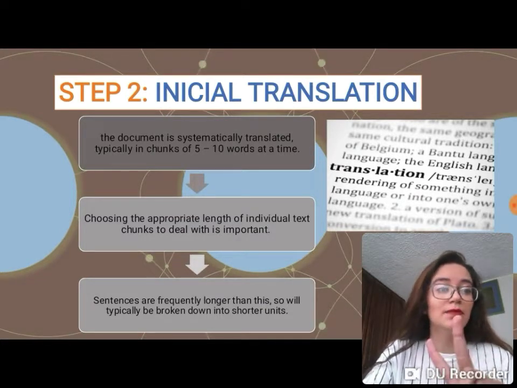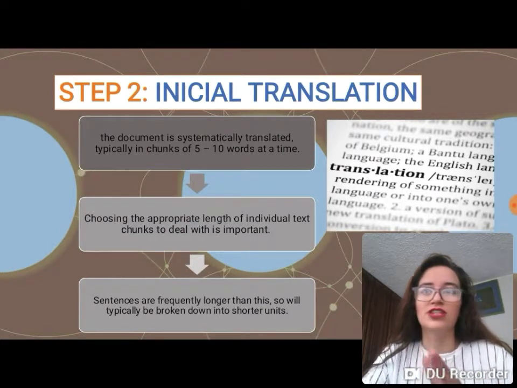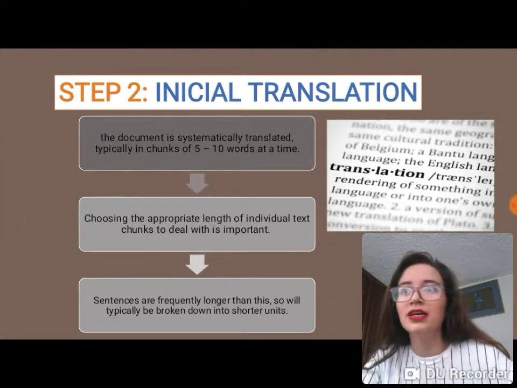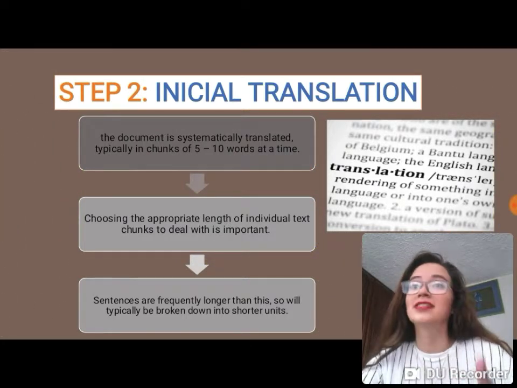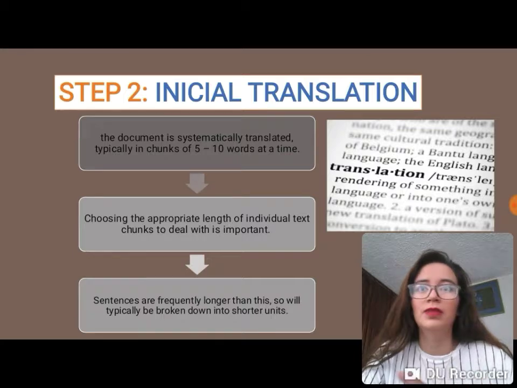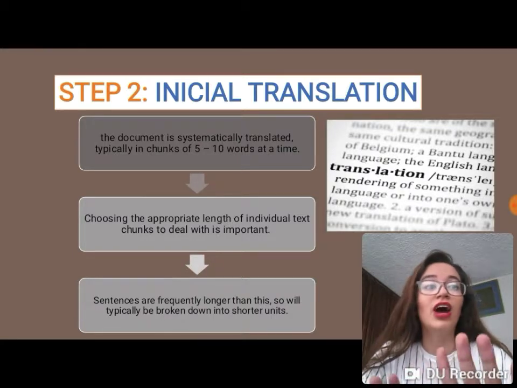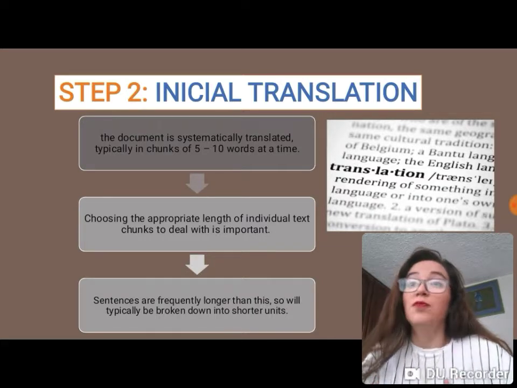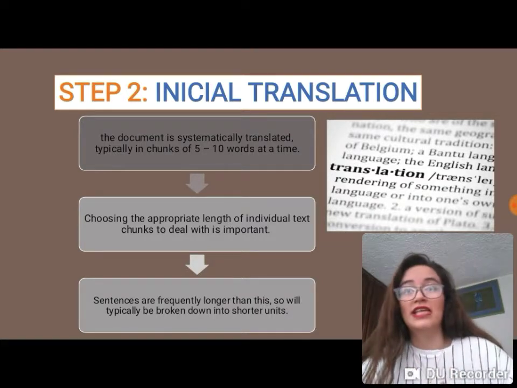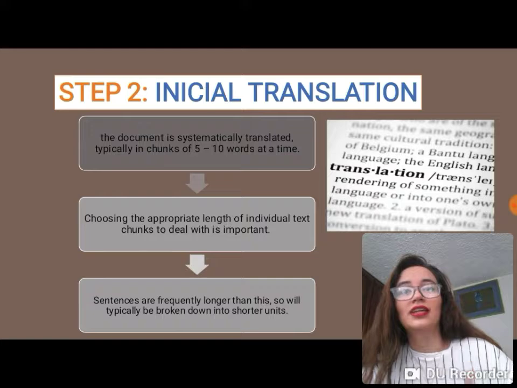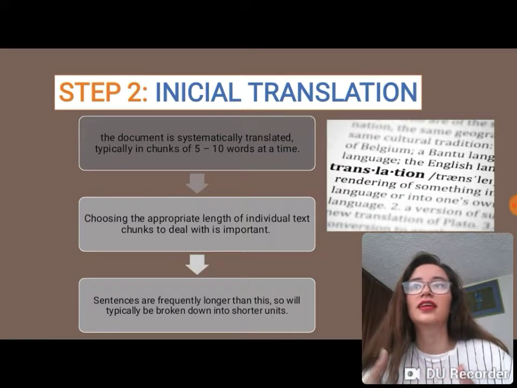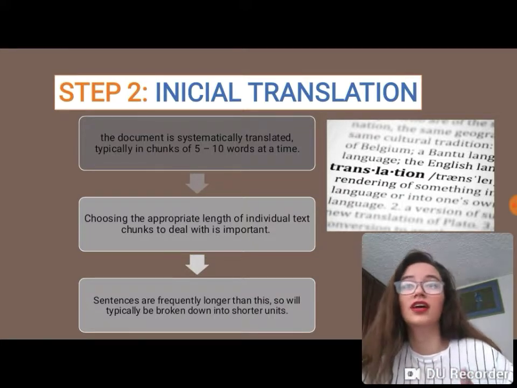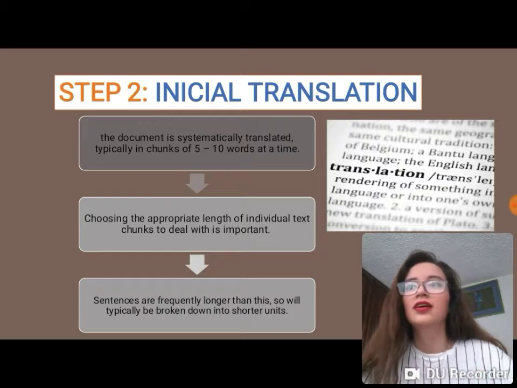The second step is initial translation. In this step, the document is systematically translated, typically in chunks of 5 or 10 words at a time. Choosing the appropriate length of individual text chunks is important. Ideally, each chunk will be a discrete and complete unit of meaning.